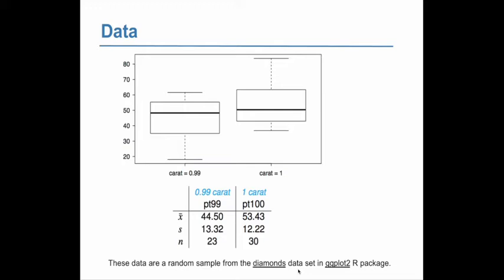And we can see here, it looks like the means of the two distributions are pretty similar, but the variability or the shape of the two distributions is very different, right? The 0.99 carat diamond distribution is skewed to the left, whereas the 1 carat diamond distribution is skewed to the right.